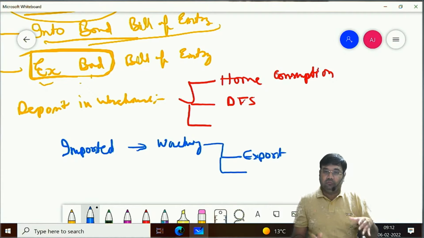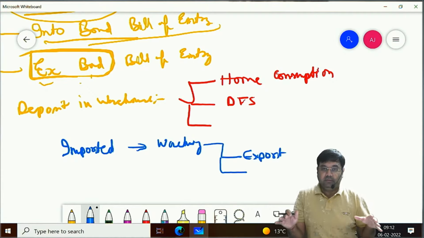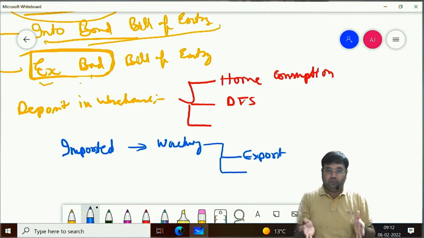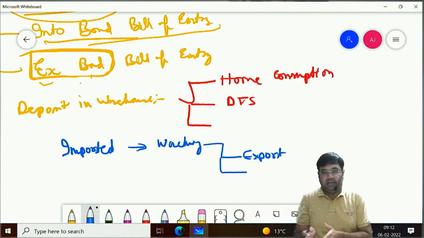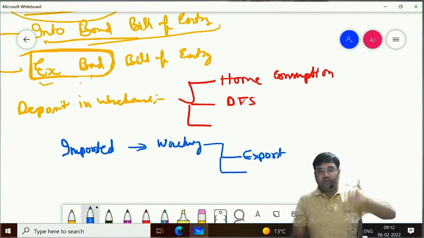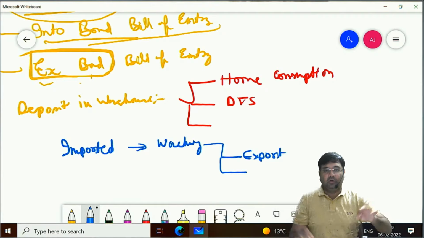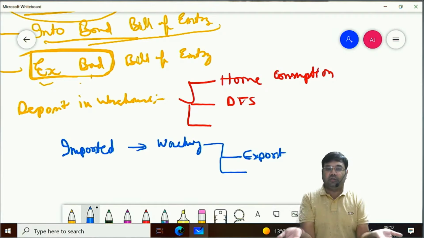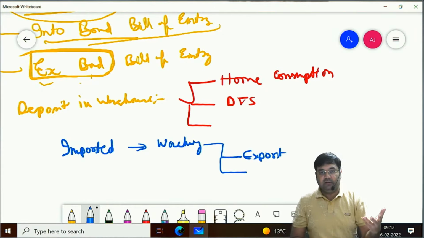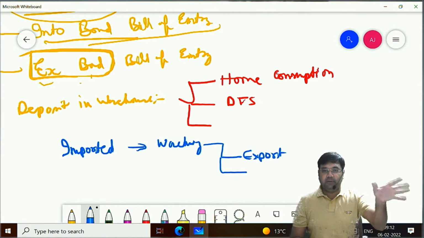That is going to be cumbersome for the government as well as for the importer and exporter, because they pay the duty and then claim the refund. So it is better to avoid such a lengthy process. Government said, in case from the warehouse you are doing the export, no need to pay the duty. If you are not paying the duty, of course the question of refund does not arise, because refund arises only if duty has been paid.